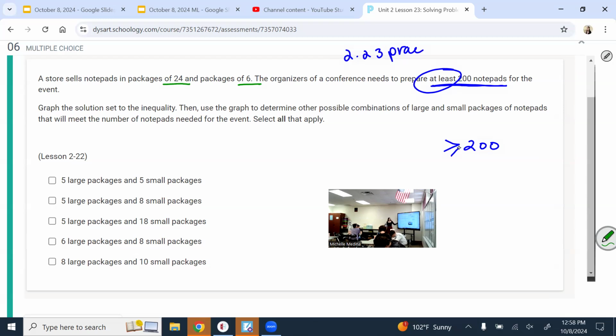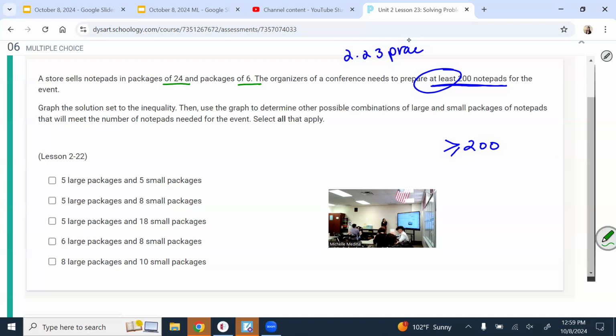Where did it say that? It doesn't say it, right? It doesn't say we're getting 10 of the packages that come in 24. So you don't know that. That's an unknown. How do we label unknowns in math?